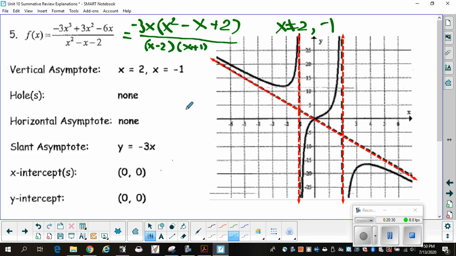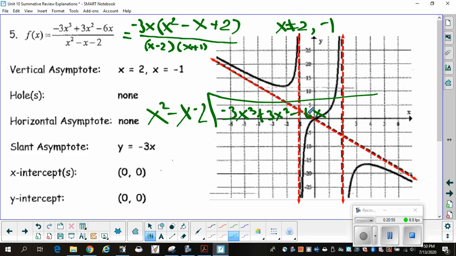That gets a little bit crazy doing this with the mouse. So suffice it to say that you would do x squared minus x minus 2, and you would divide that into -3x cubed plus 3x squared minus 6x.